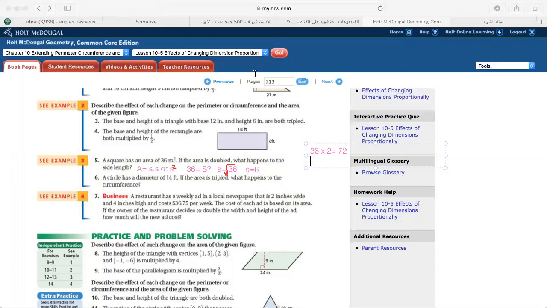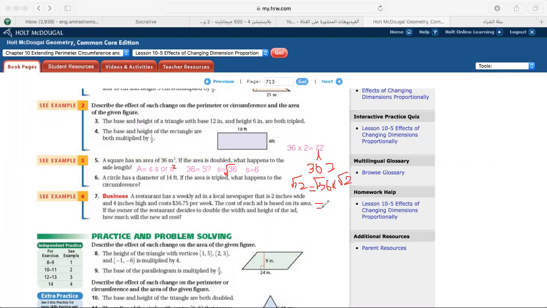So when I break down 72, 72 is 36 multiplied by 2. So the square root of 72 is equal to the square root of 36 multiplied by the square root of 2.